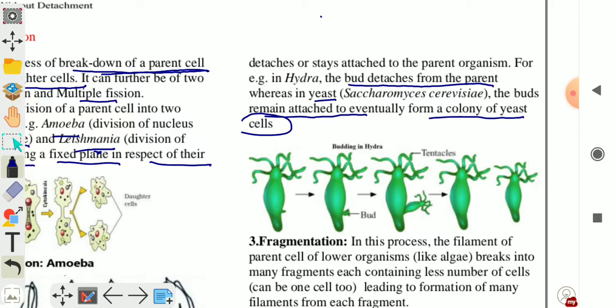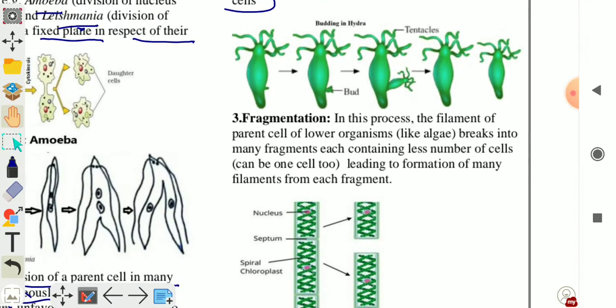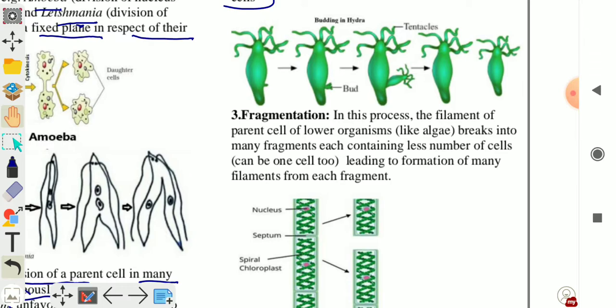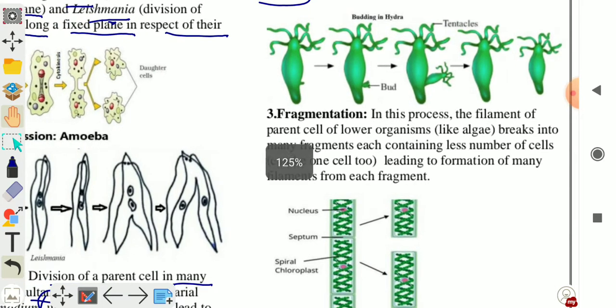Now, third one is fragmentation. In this process, the filament of the parent of lower organisms like algae breaks into many fragments. Spirogyra is an example of algae.